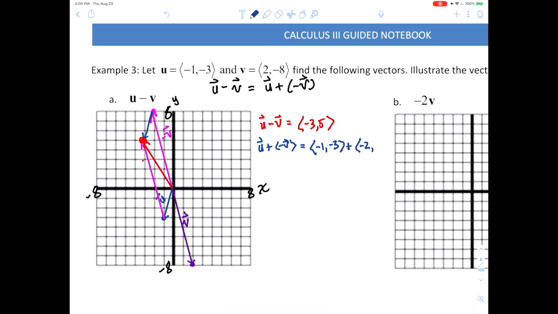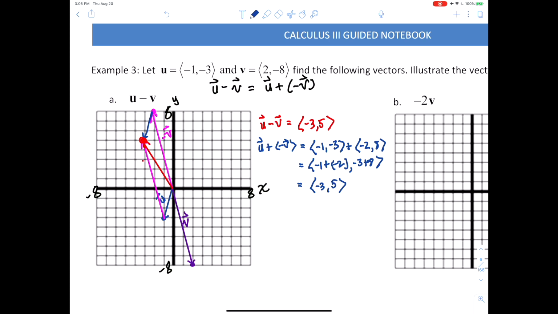Good, -2, 8. And then that gets us -1 plus -2, comma, -3 plus 8. And that gets us -3, 5.